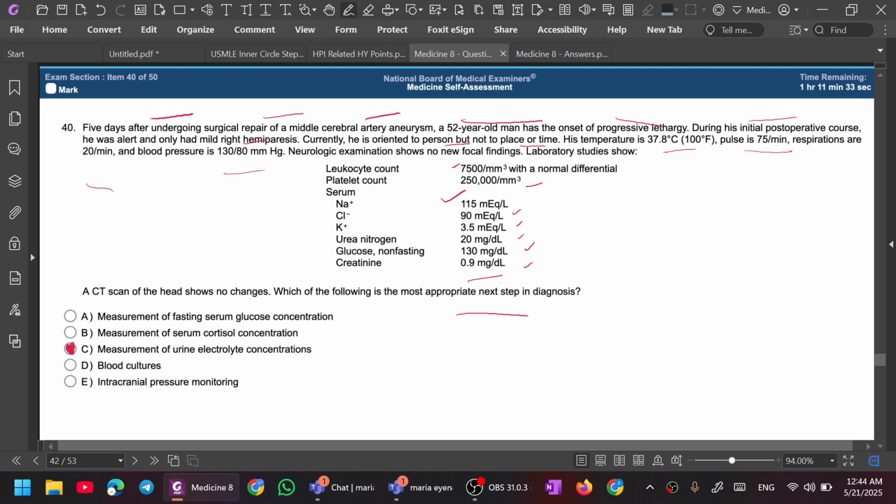Severe hyponatremia. Don't know. Okay, let's do it.